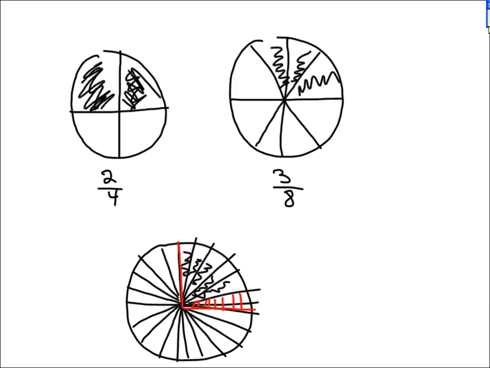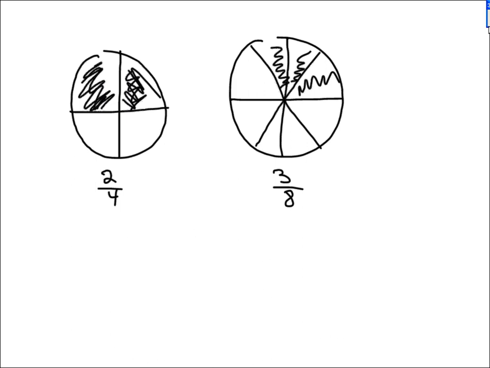You had more than half a pie. So there has to be some way that we can measure this. You have to be able to say, I had 7 slices out of 10.